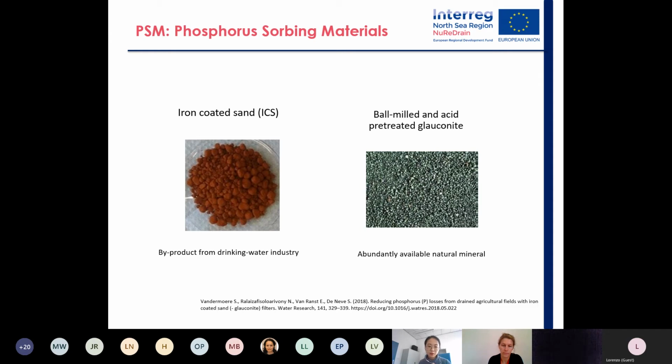After checking mineral composition of different materials and taking into account environmental risk and P sorption capacity, iron-coated sand and glauconite were selected as potential filter material because they cause no other contaminations. If you are interested in other materials that we evaluated, please check the paper published by my colleague in Water Research.